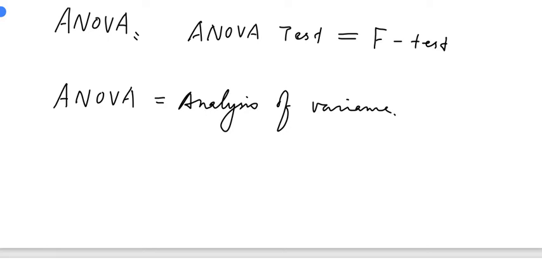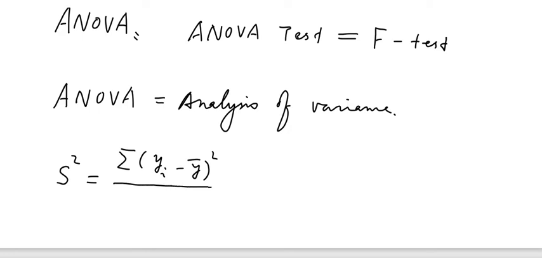Let's check the formula for variance, s squared. Suppose our data is y, so the sum of y_i minus y bar, squared, over n minus 1. This is the variance, but we just focus on the numerator part. We denote this as SST over n minus 1.